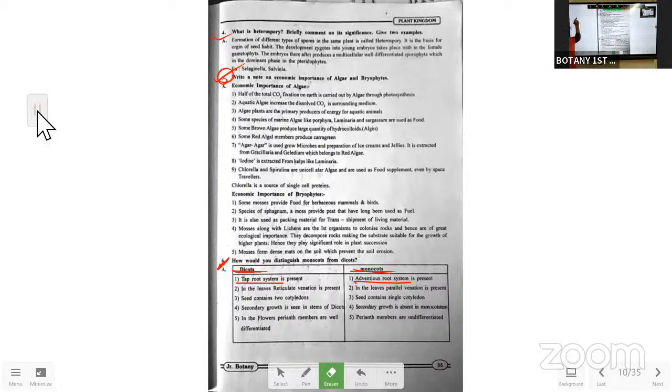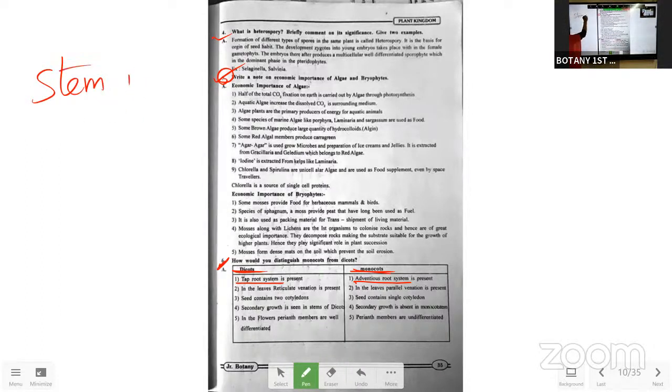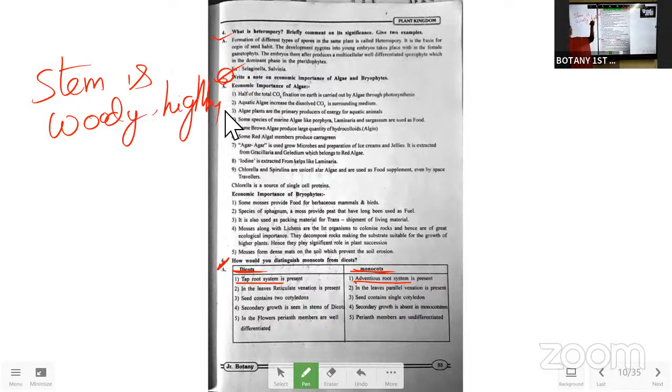Stem is woody and highly branched. This is the one we have to say for the dicots.